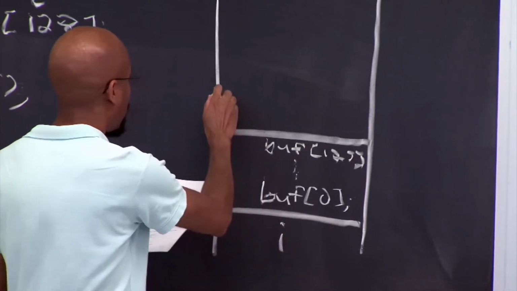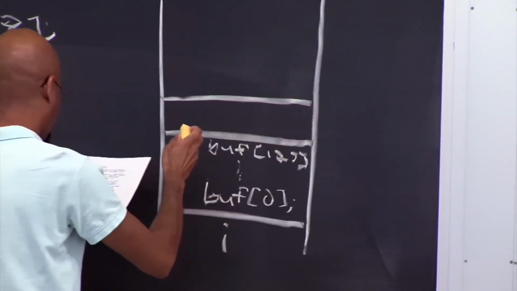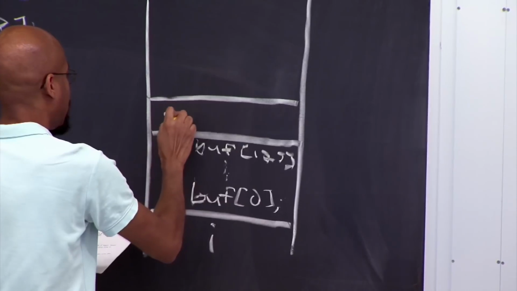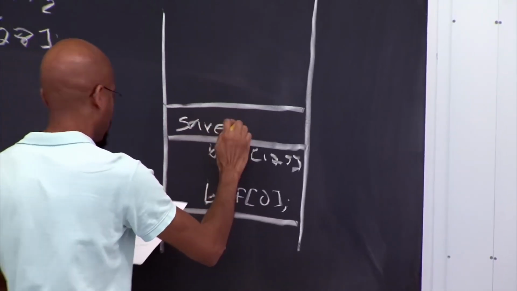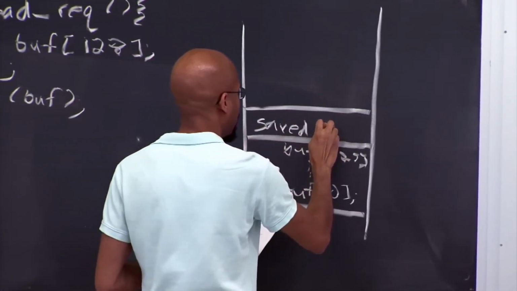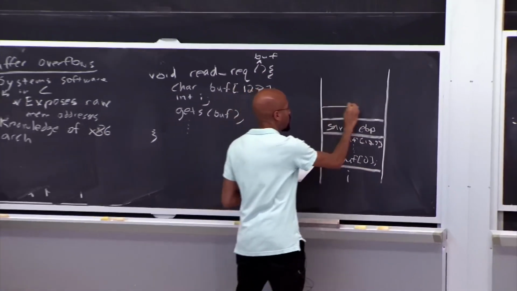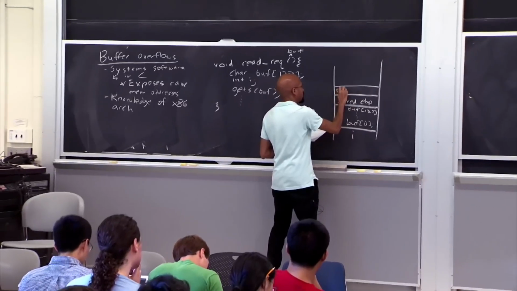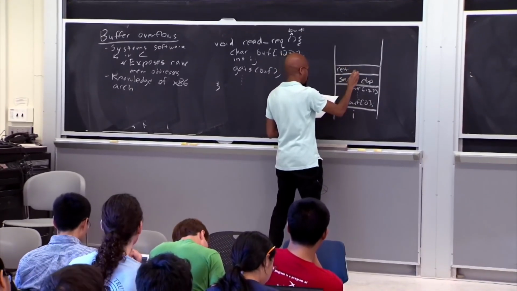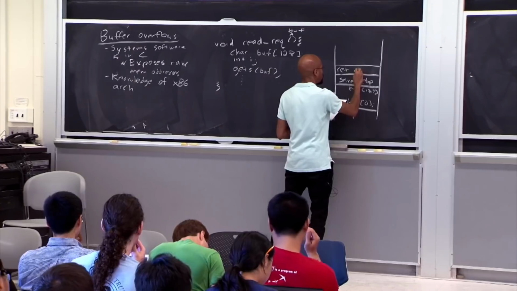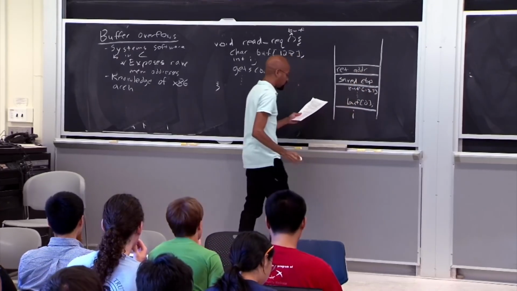So anyways, up here, we've got the saved value of the break pointer. We've got the return address for the function there.